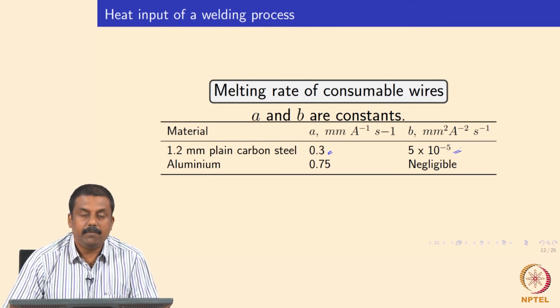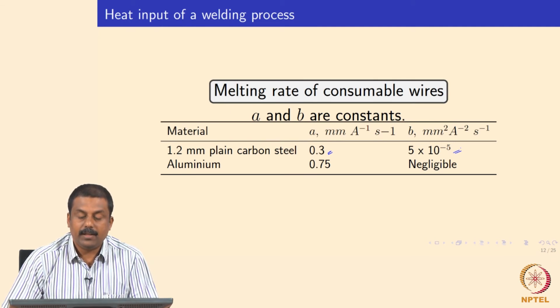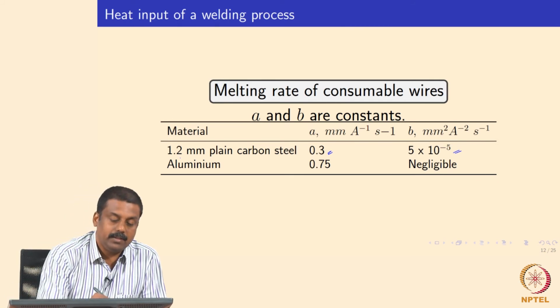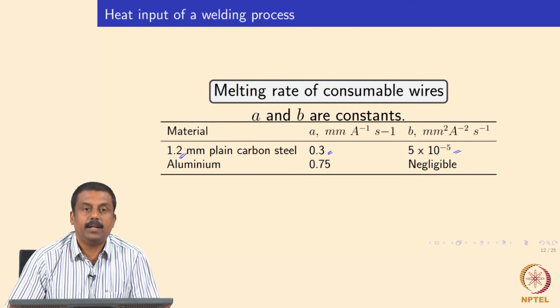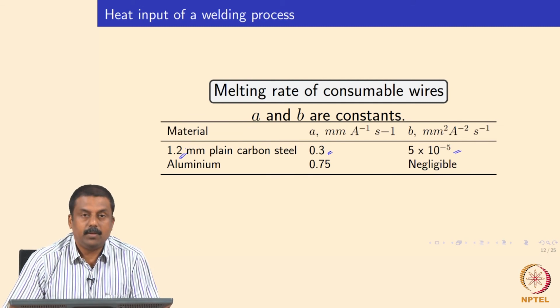Using these values, if you know the stick out length L as well as your welding current and your radius, which in this case, for 1.2 mm diameter, will be 0.6, you can calculate the melting rate of the filler for a given current I.